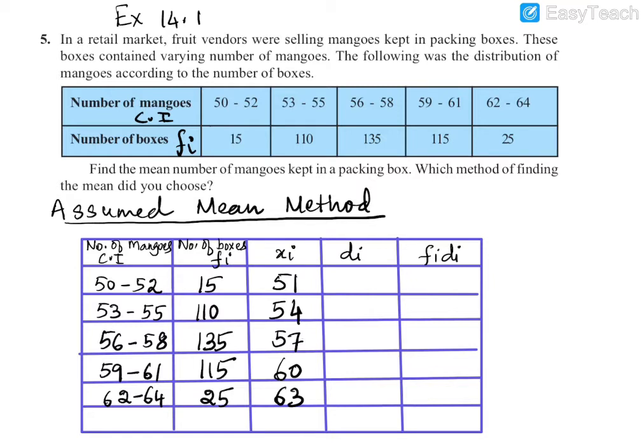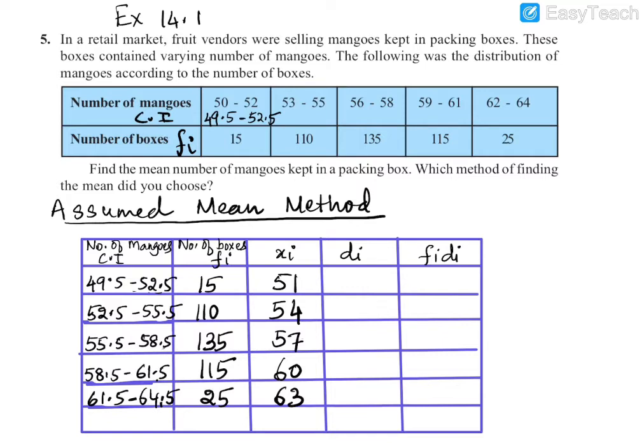The class size will be obtained only after you write these class intervals in continuous format. For example, the first class interval will be written as 49.5 to 52.5, and now when you subtract these two limits, the class size is 3, which is the correct class size according to the class marks that you have obtained here.